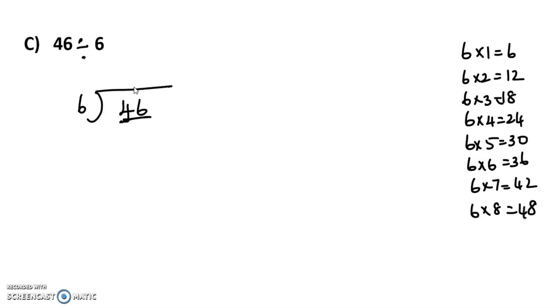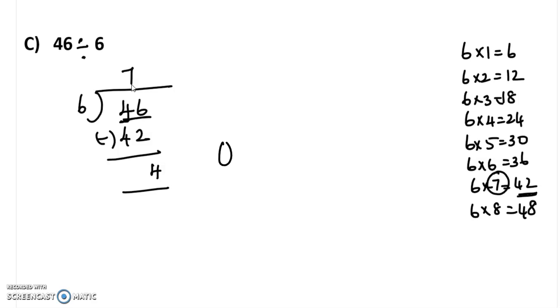So listen, nearby 46 is 42. How many times? 7 times. So 6 sevens are 42. So if you subtract 6 minus 2, 2 after 3, 4, 5, 6, 4. 4 minus 4, 0. Quotient equal to 7. Remainder equal to 4.